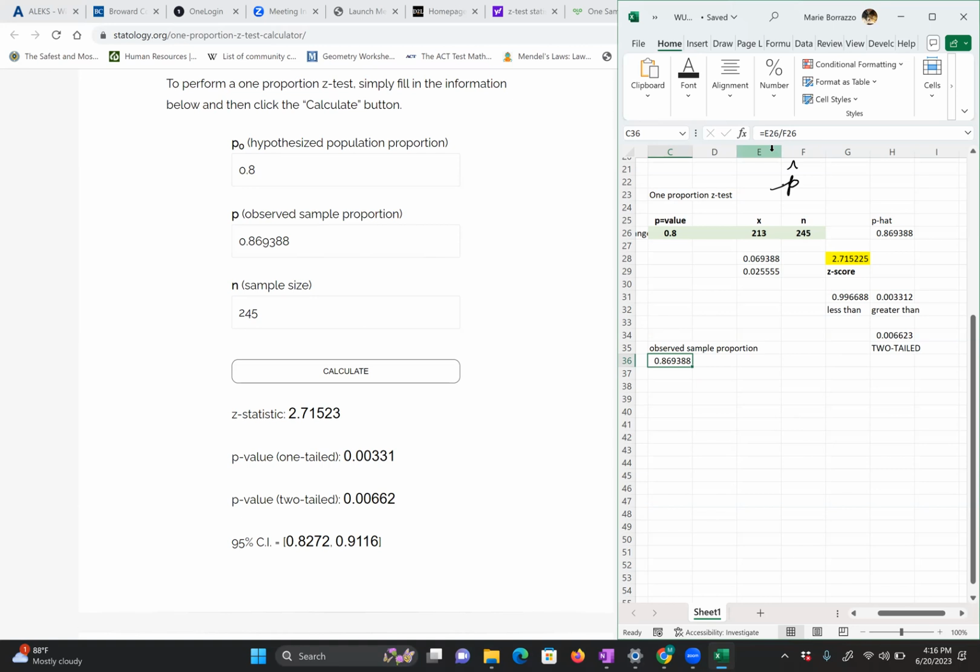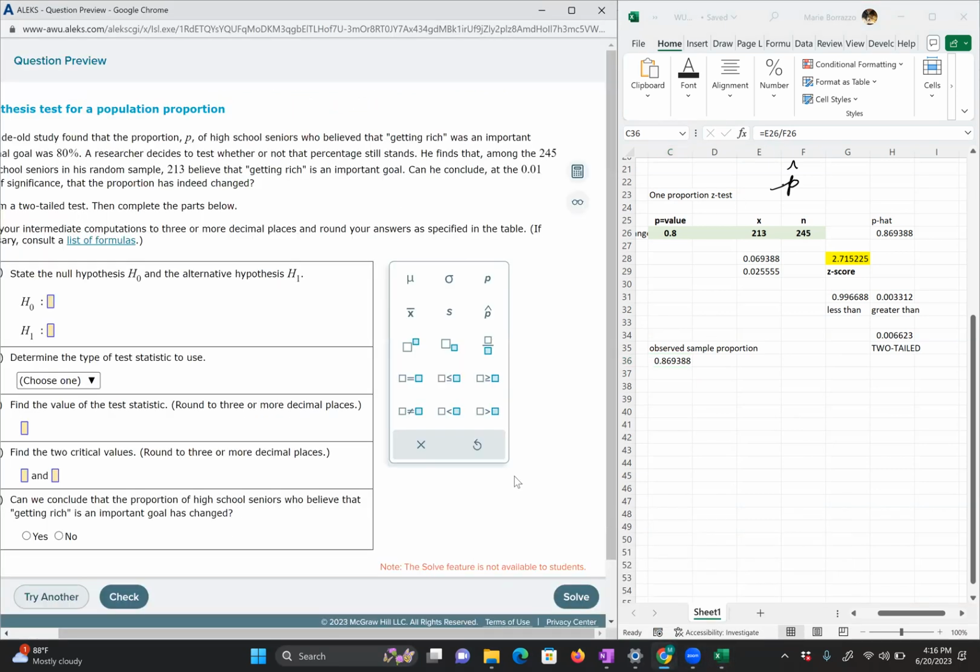All right, super. Let's go back to the question. So again, according to the question, we would say P is equal to 0.80. And we're doing two tails, so P is not equal to 0.8.